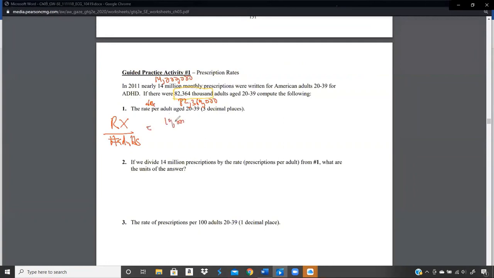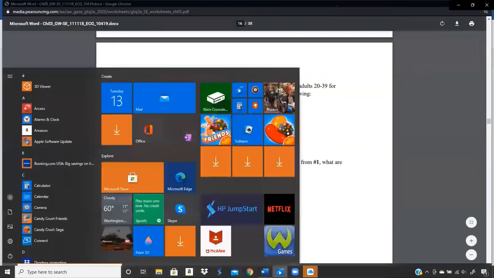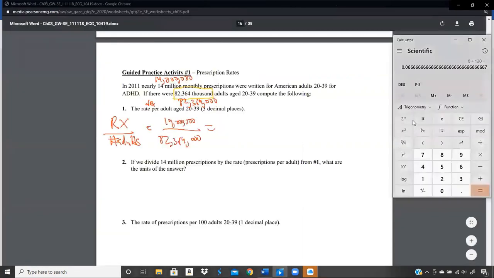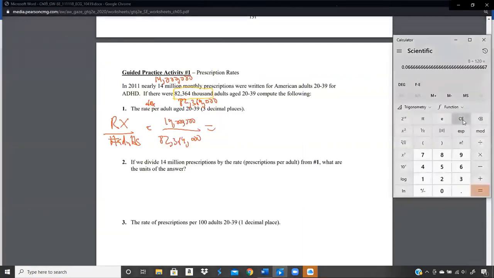So 14 million over the 82,364,000. And when you pull out your calculator, when we do 14 million divided by 82,364, everything look good?